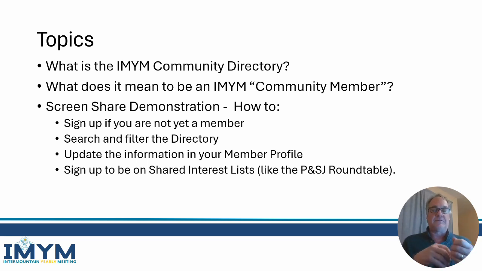And then also talk about how you can update your own personal information that's displayed in the directory, and also how you can sign up yourself to be on different contact lists like the Peace and Social Justice Roundtable or some of the other shared interest contact lists that we are maintaining in the community directory.